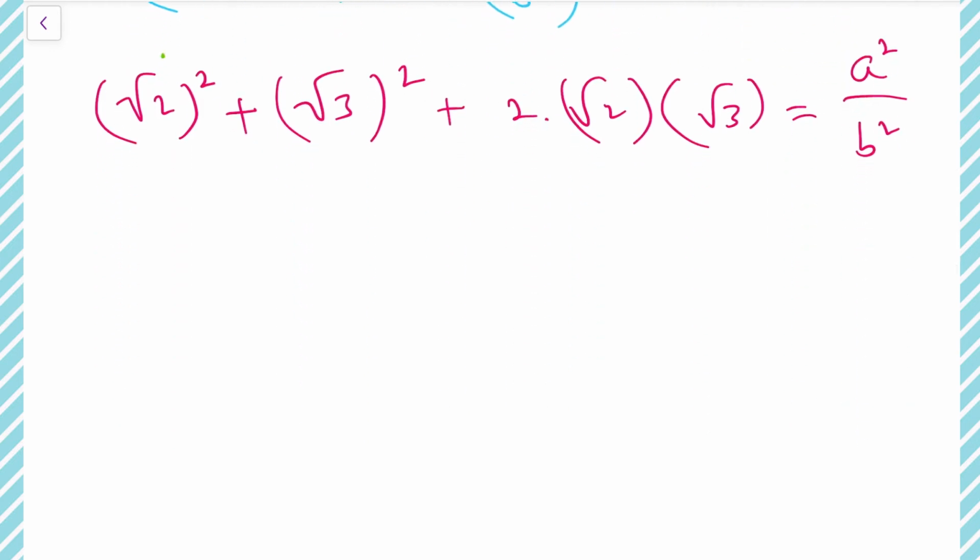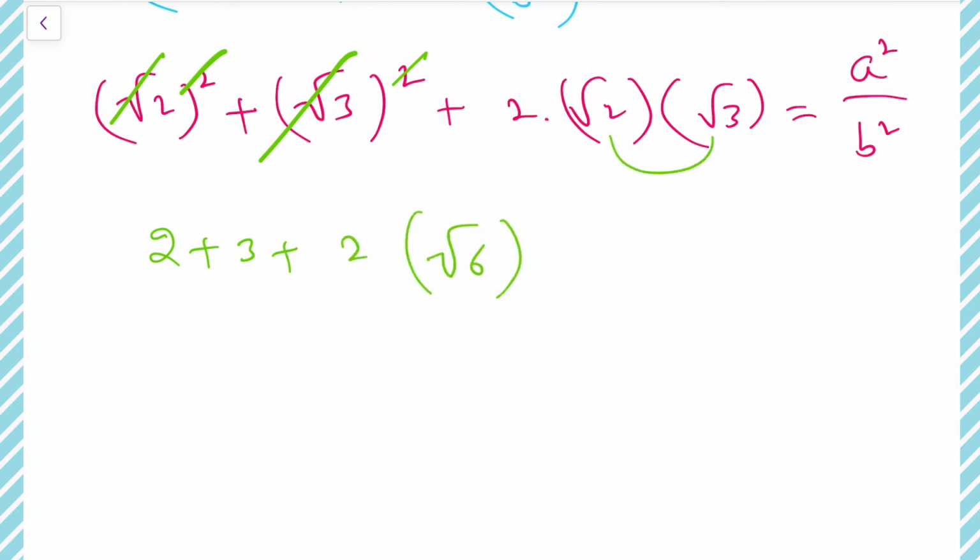Next, here square root cancel, then remains 2 plus 3 plus 2 into root 2 into root 3, it is root 6, equals a square by b square. 2 plus 3 is 5, 5 plus 2 times root 6 equals a square by b square.